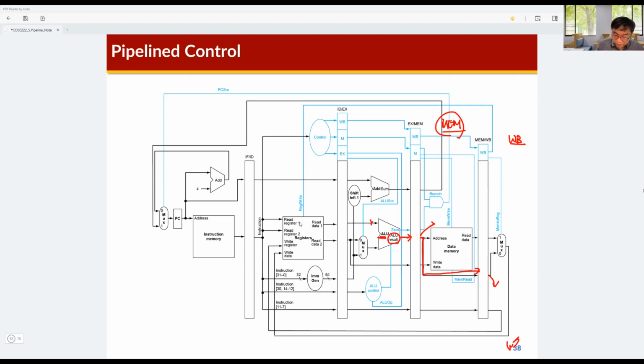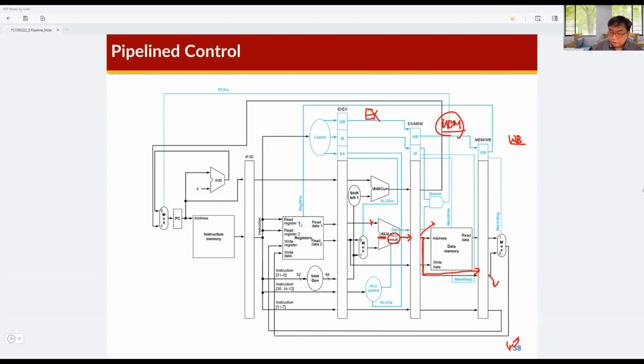Also, in order to check the forwarding condition, when this forwarded result is required, the forwarded result is required at the EX stage.